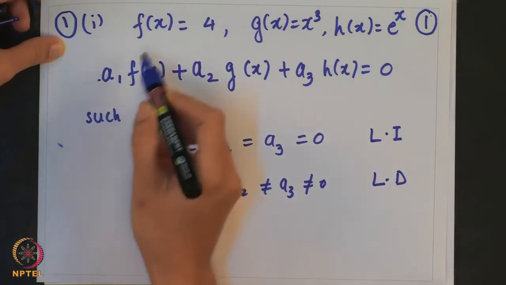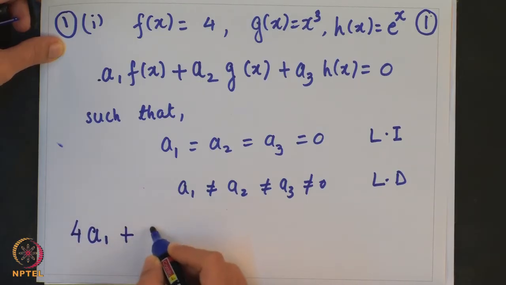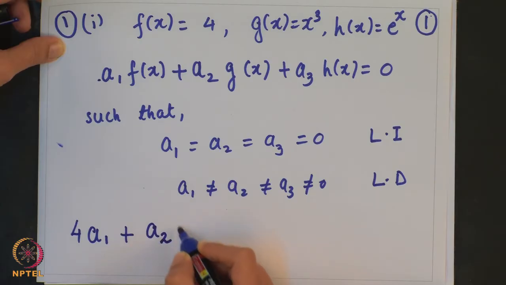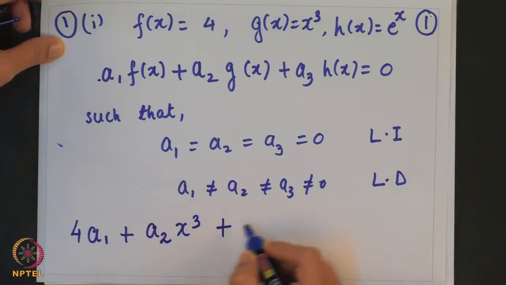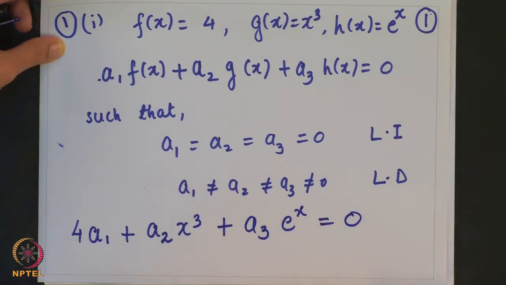From the first example you can easily see that if I substitute these functions, I have a1 times 4, so 4a1 plus a2 x cube plus a3 e raised to x is equal to 0.